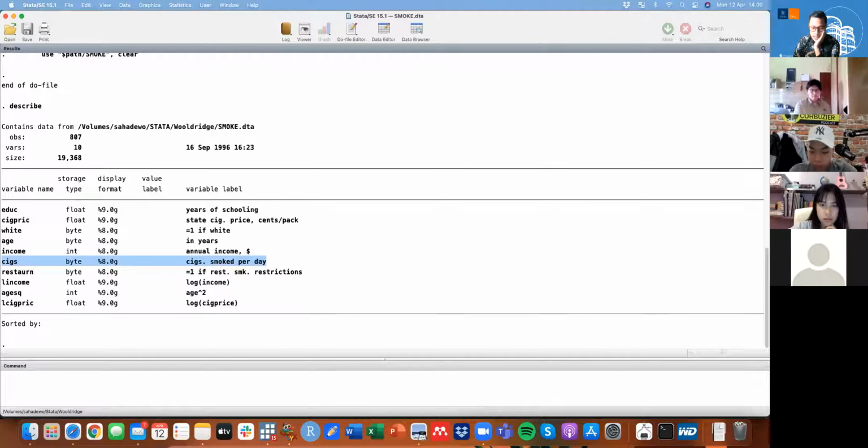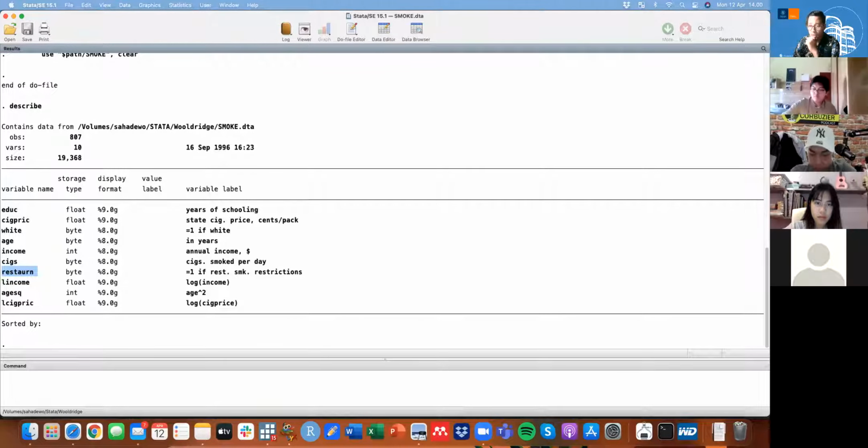This is the dependent variable of interest, and the explanatory variables of interest are going to be the cigarette price, income, education, age, the square of age, as well as a dummy variable on whether or not there is a restaurant smoking restriction, which is a cross-regional feature that we can see in the data.